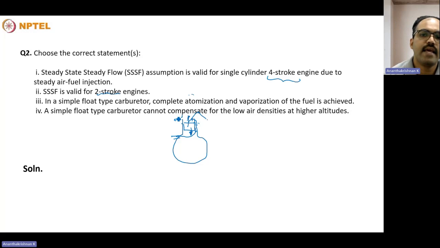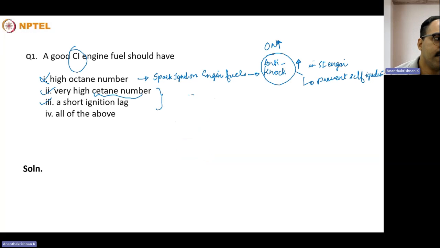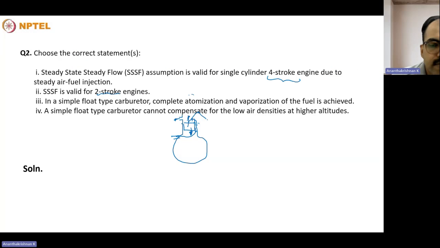But in the case of a two-stroke engine, we can consider an average condition over a complete cycle, and this can be considered a steady state approximation. But even then, it's an approximation, which is not perfectly accurate, and is used for modeling of two-stroke engines.